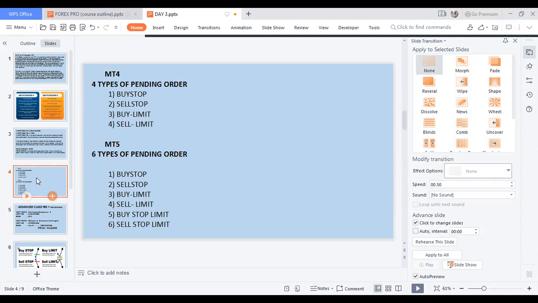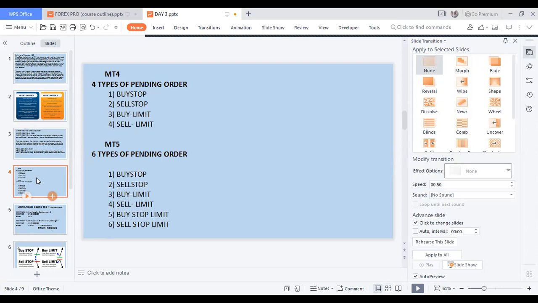While MetaTrader 5 has buy stop, sell stop, buy limit, sell limit, buy stop limit, and sell stop limit. So that is the 6 pending orders for MetaTrader 5. Now let's proceed.